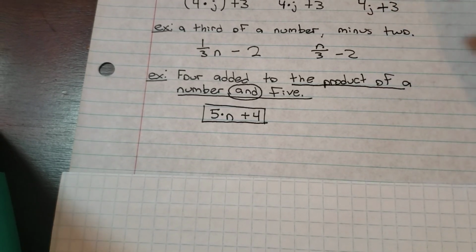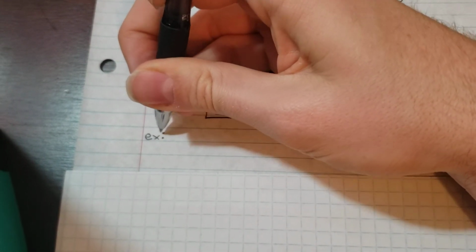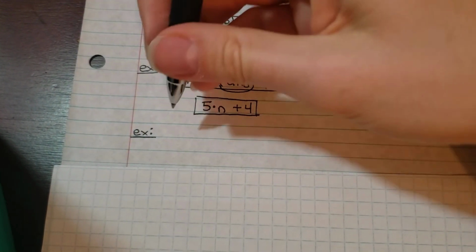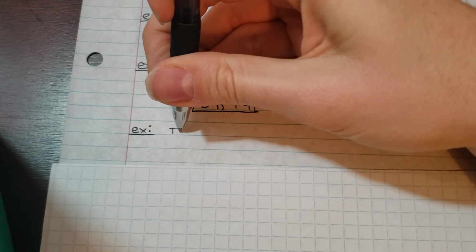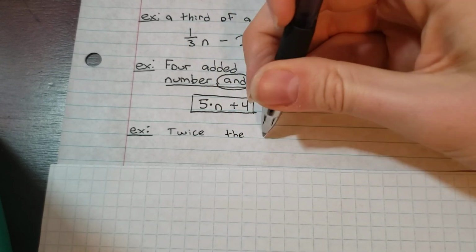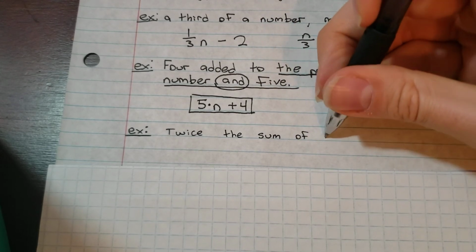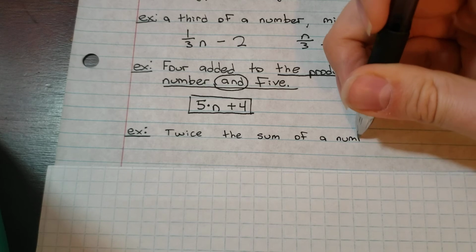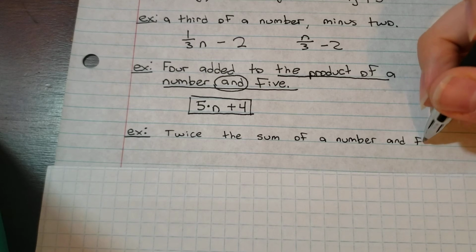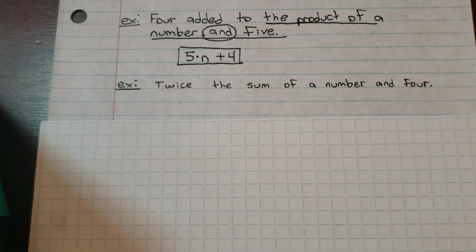Now, I'm going to make up another one here off the top of my head, and I'm going to go through the process. Okay, so here's an example. Twice the sum of a number and 4.